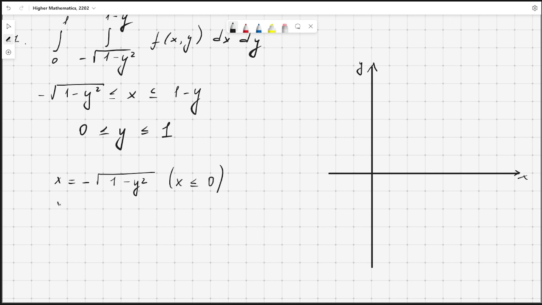It means x squared will be equal to 1 minus y squared, or x squared plus y squared equals 1.